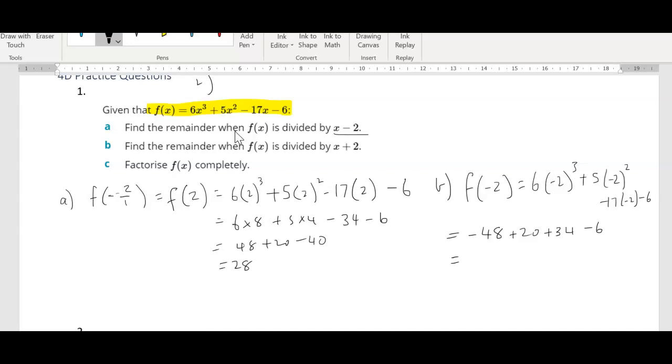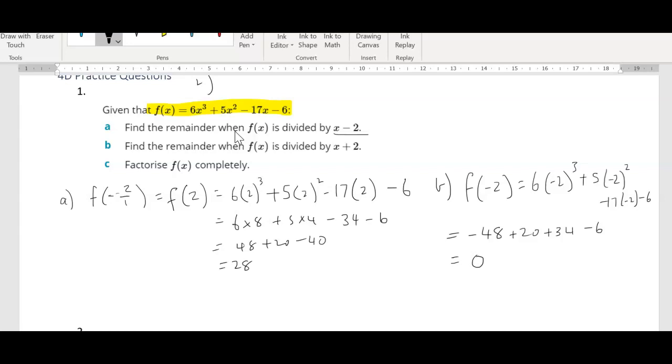Now from memory, this does equal 0, so let's just make sure it does. Did I make a mistake somewhere? Because I don't think it's going to equal 0. -48 plus 20 is -28, plus 34. Oh no, that is 0. Good.